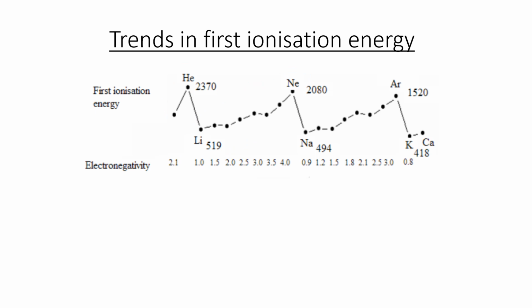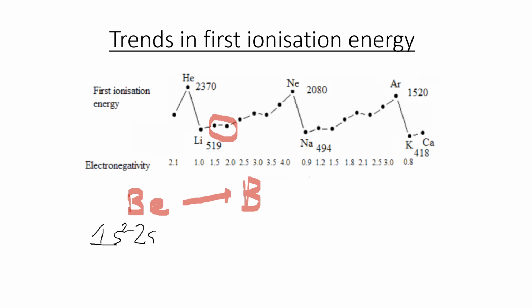However, there are 2 exceptions that we need to be aware of to this general trend of increasing, and that is here. So you can see here it drops ever so slightly as you go from beryllium to boron. Well, if we think about this in terms of the electron configurations, you're going from 1s2, 2s2 for beryllium, to 1s2, 2s2, 2p1.